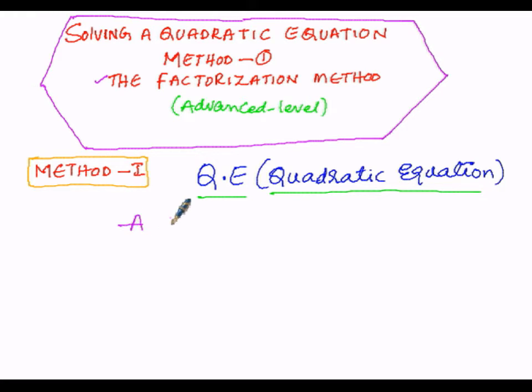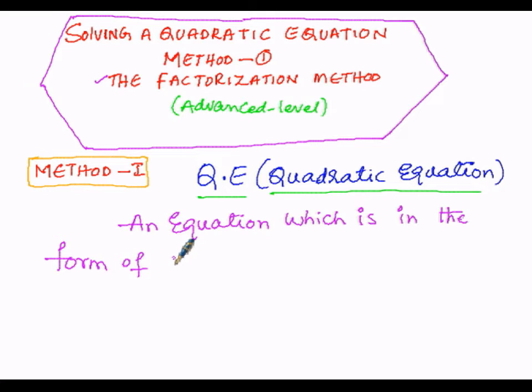An equation which is in the form of ax square plus bx plus c equals to 0, where a is not equal to 0 and b, c belong to real numbers.